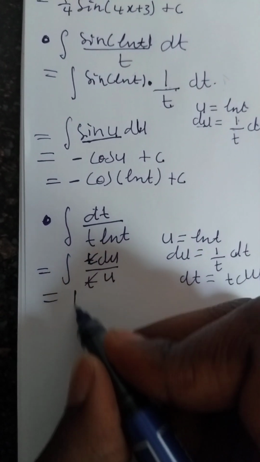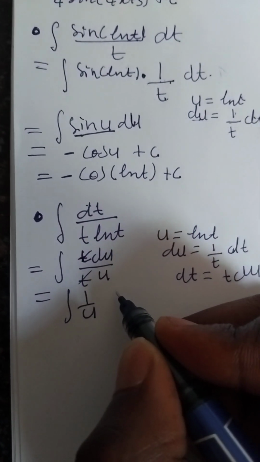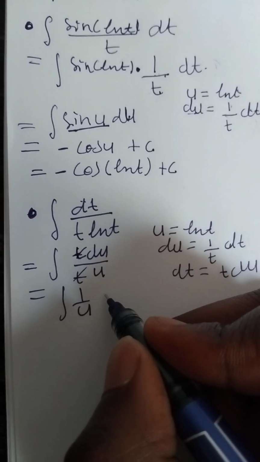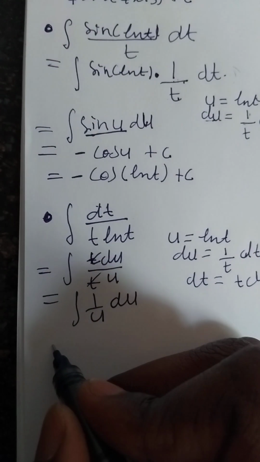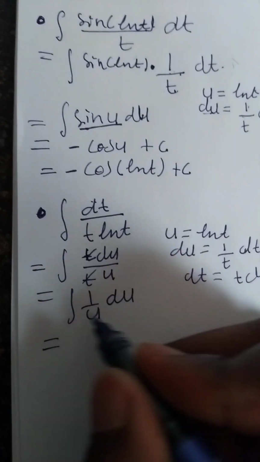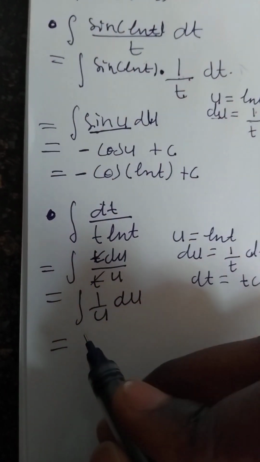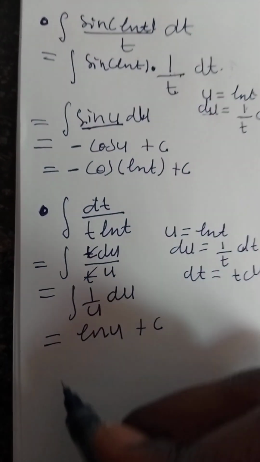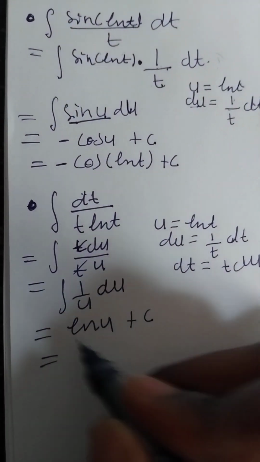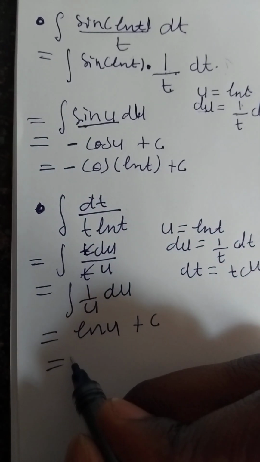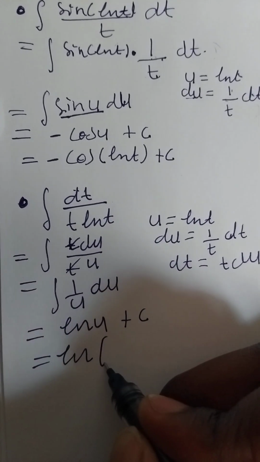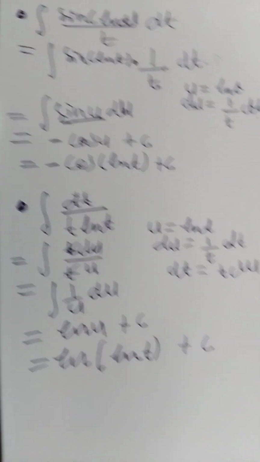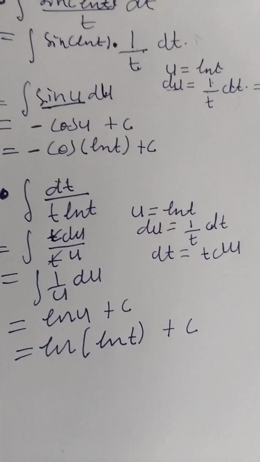So we're basically integrating 1 all over u du. What do we get? 1 all over u du, we get ln u plus c. Since we know that u is ln t, the answer is basically ln of ln t plus c. Okay, just like that. So that is the answer to that integral.